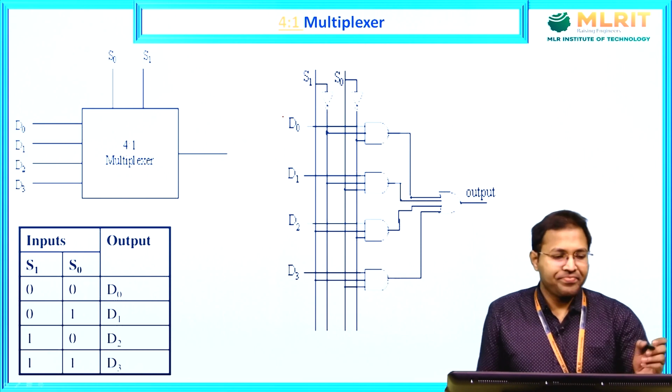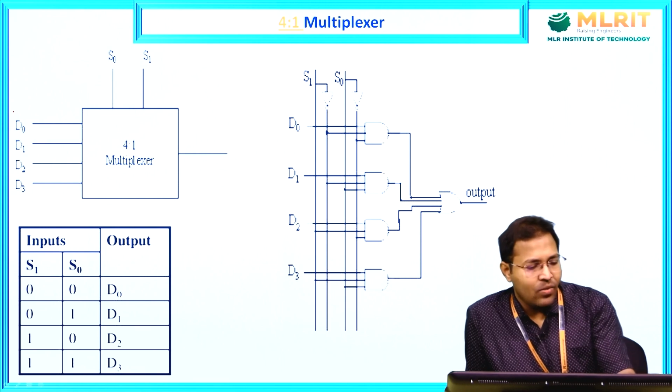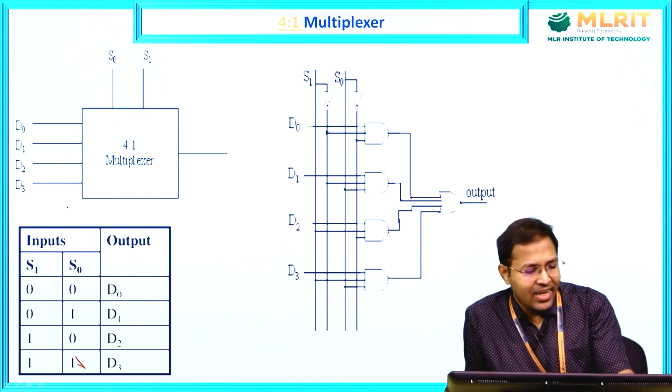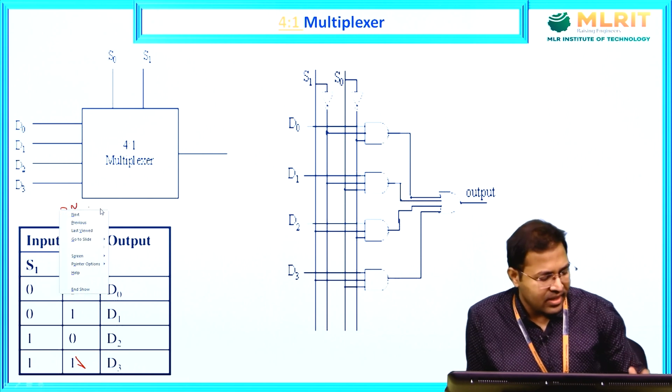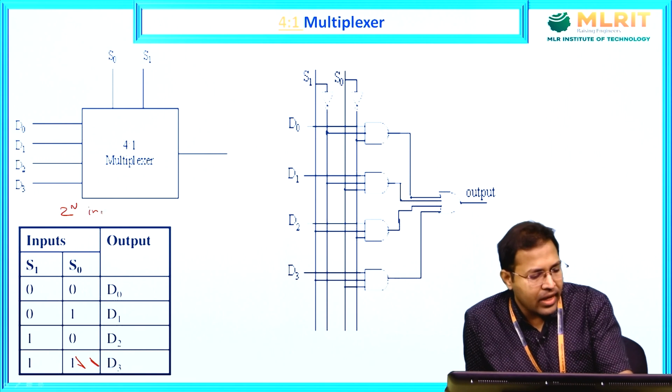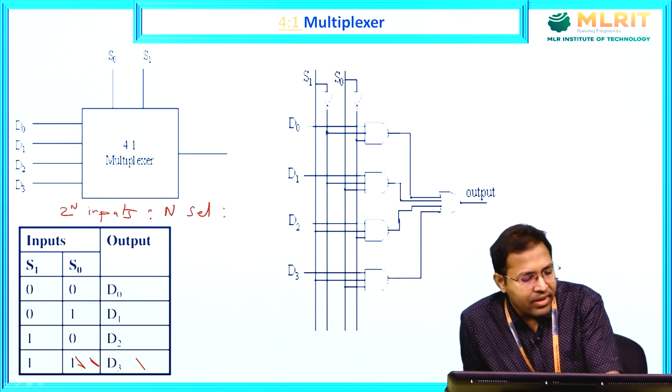Now for a 4 by 1 multiplexer, what is the general situation? We have 2 power n inputs, as we have seen in the previous slide, and n selection lines, and we always have one output.